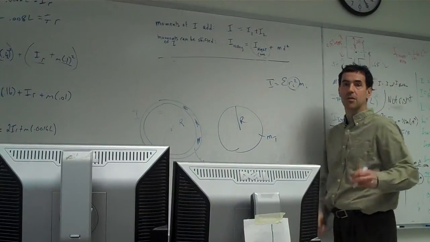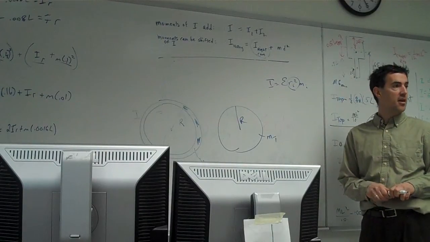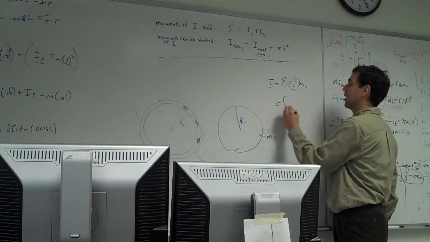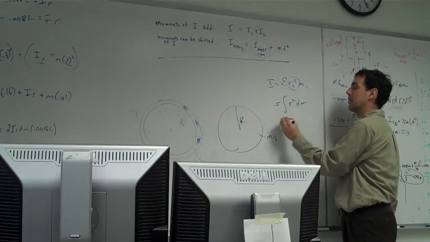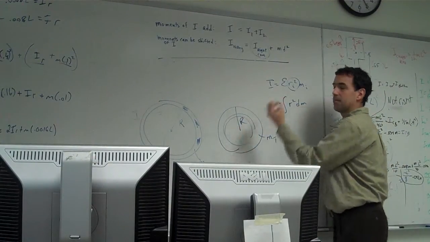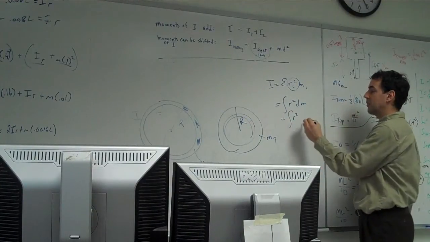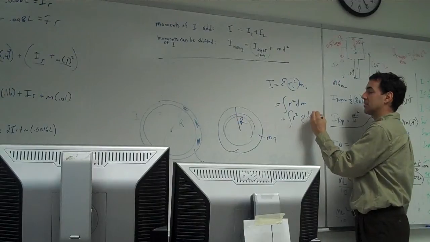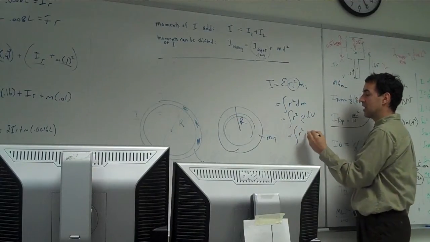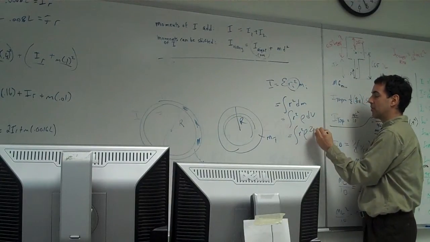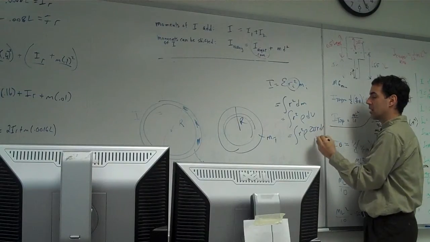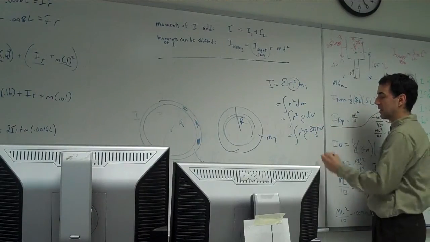We have a formula for the moment of inertia for a solid disk. We can get that from the integral of R squared dm, adding up these rings of mass. Each ring of mass, dm, could be written as the density times the volume. The density is a constant. The volume would be 2 pi r dr times the thickness.